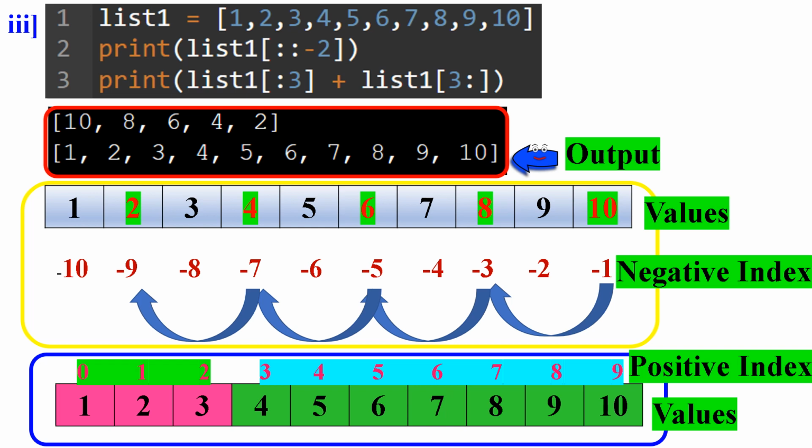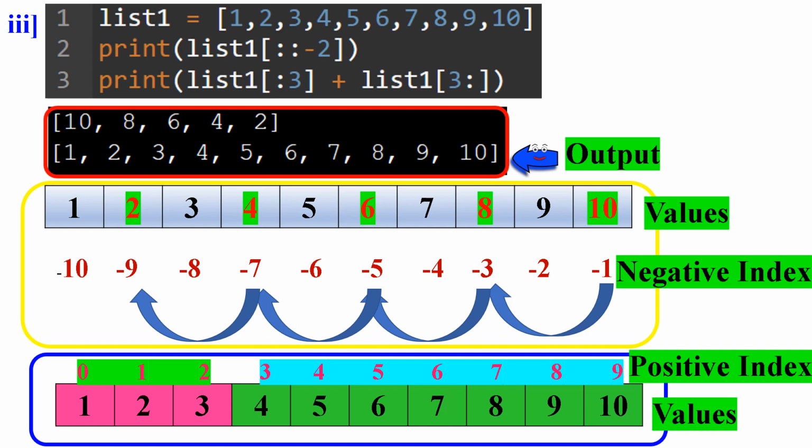Now look at the Python code line 3. print(list1[:3] + list1[3:]). This line prints a list that is created by concatenating two slices of list1. Look at the second picture below, the blue box. The first slice, list1[:3], includes elements from index 0 to index 2.